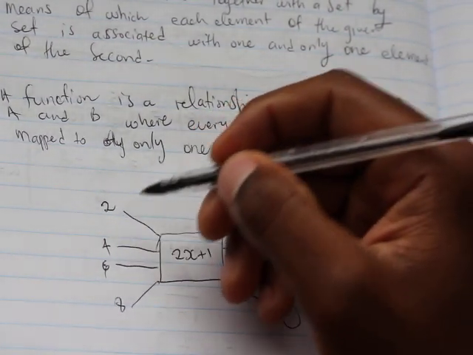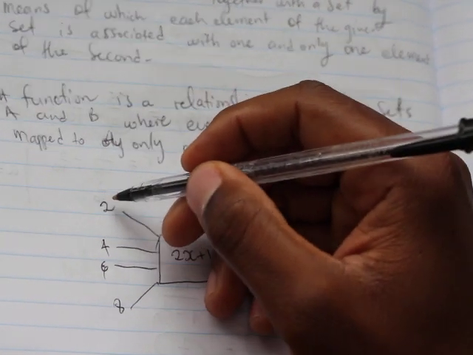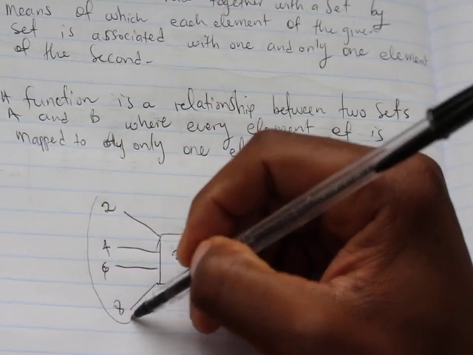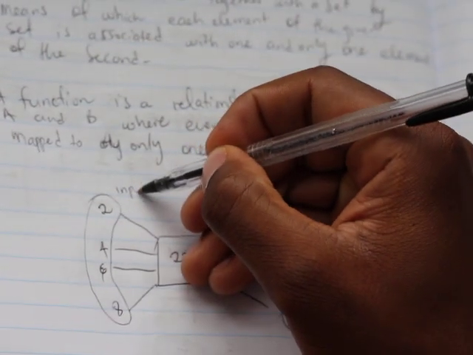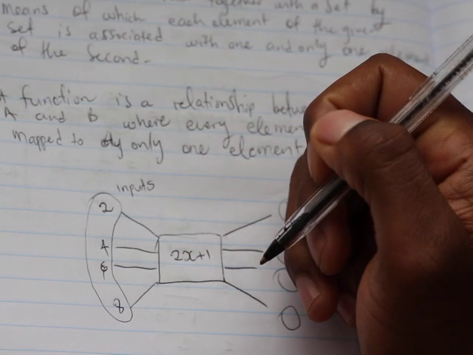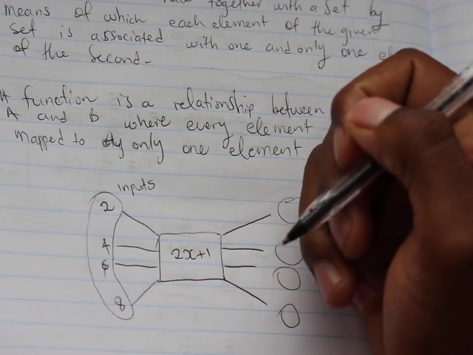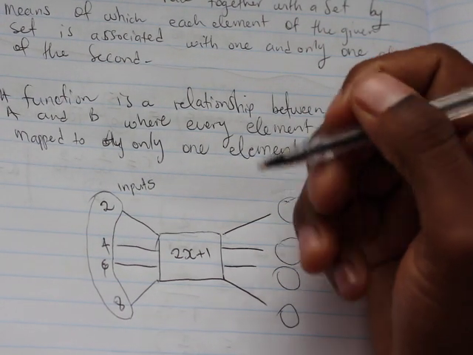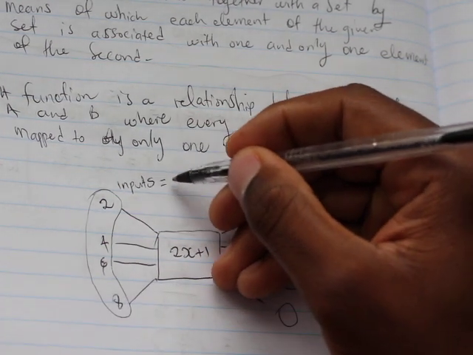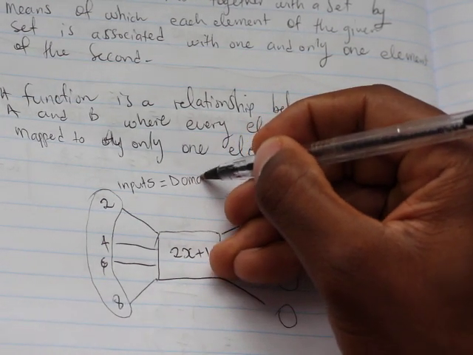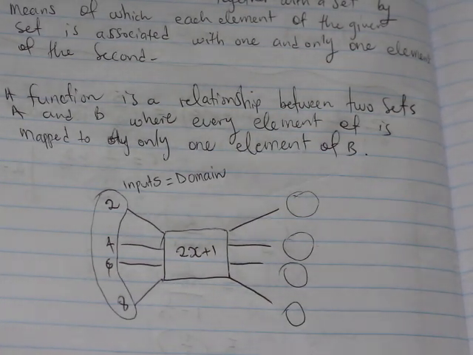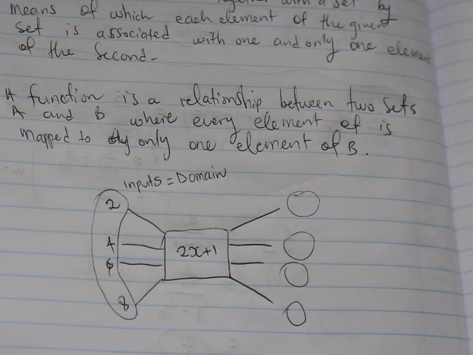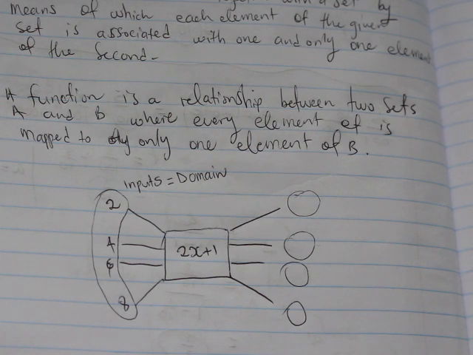Okay, and then you're asked to find the number there and the number there, right? And these numbers that you're seeing over here, this is what we call the inputs, right? These are inputs. And another word for inputs is the domain. So in other words, when we want to find a certain output, these are going to be our inputs.